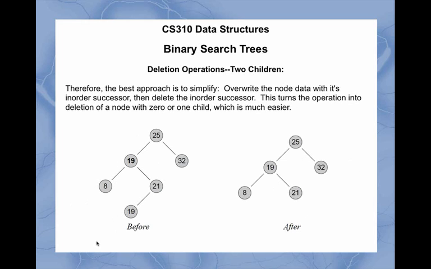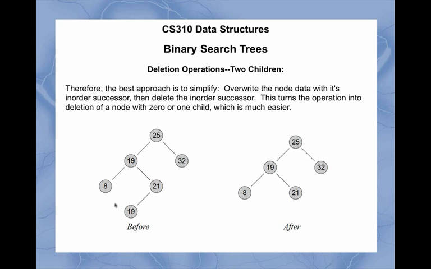So to simplify deletion of a node with two children, what you must do is find the next node that would be printed. That's the in-order successor. You go to the right and then left as far as you can. The in-order predecessor, you would go to the left and go down that side as far as you can, going to the left and then right as far as you can.